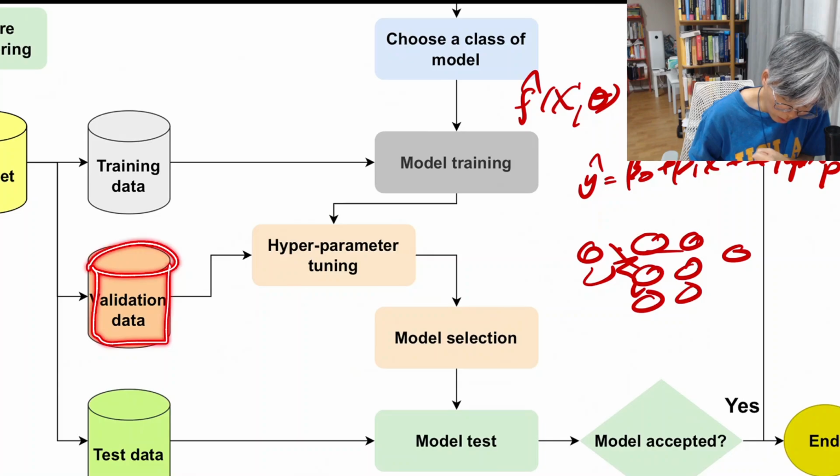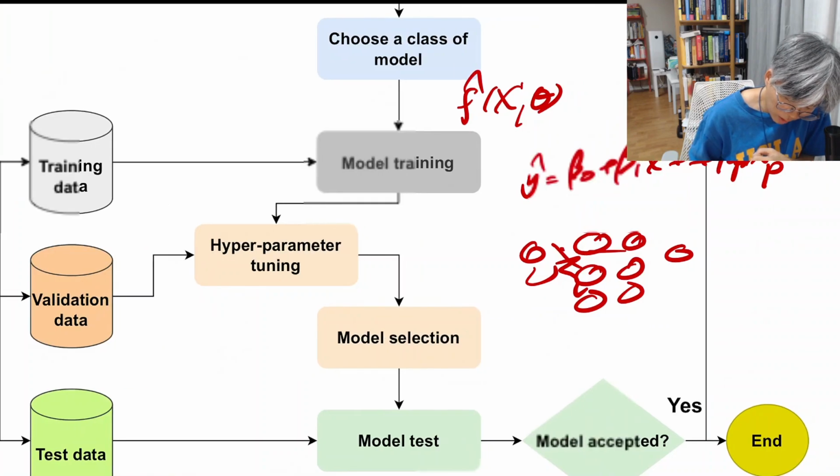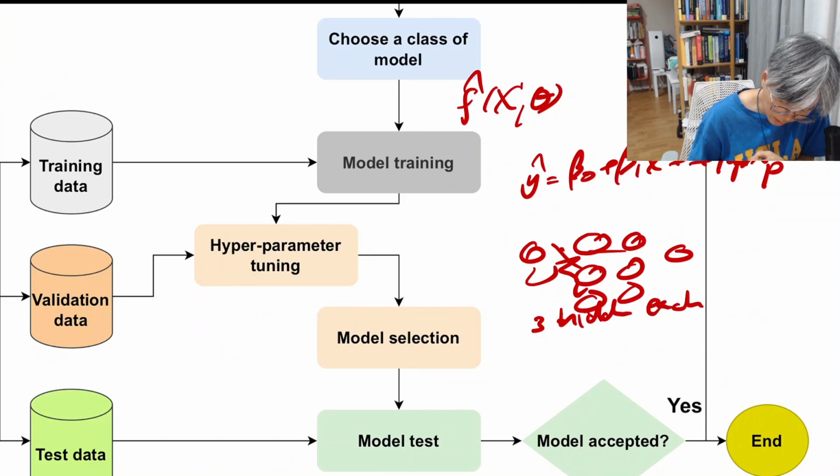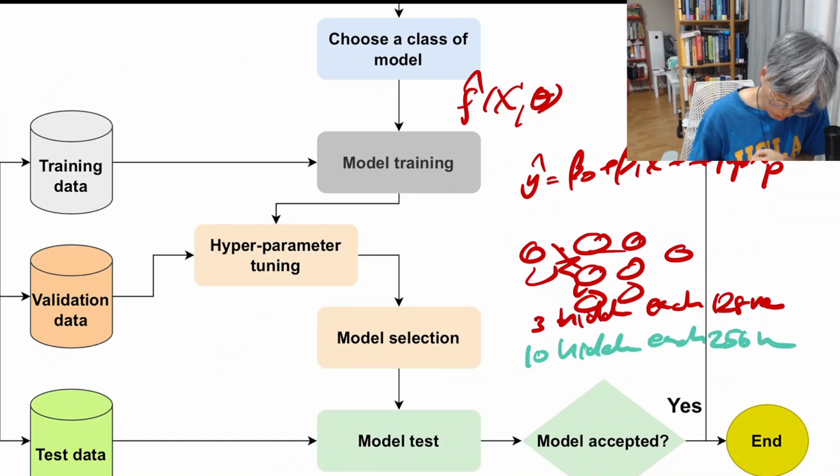We call it here the validation data set. While you train a model, you pick, for example, 3 hidden layers, each with 128 neurons. And maybe you have another set of hyperparameters, where you vary it to 3 hidden layers, each with 256 neurons, for example.